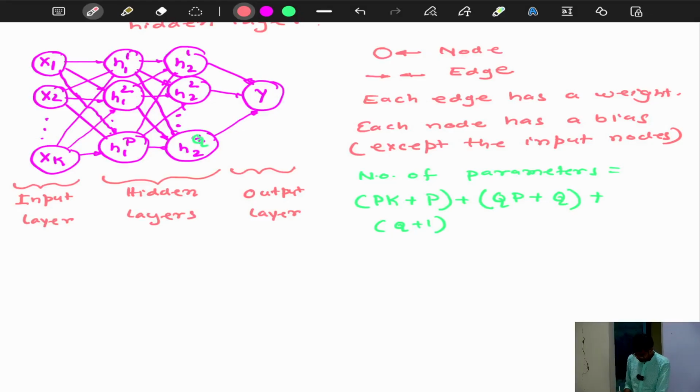Now there are two things that I want to talk about. One is this direction. This direction is known as the width of the layer. The width of the first layer is k, the width of the second layer is p, the width of the third layer is q. So this direction, the number of nodes in a layer, is called the width of the layer.